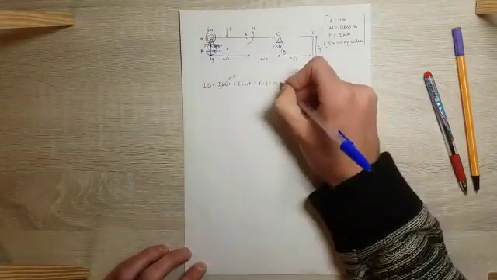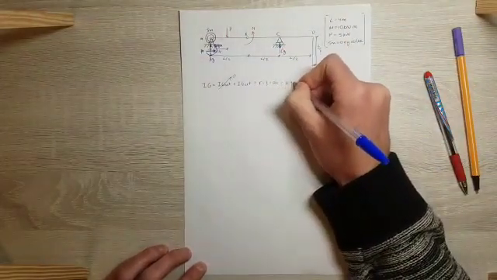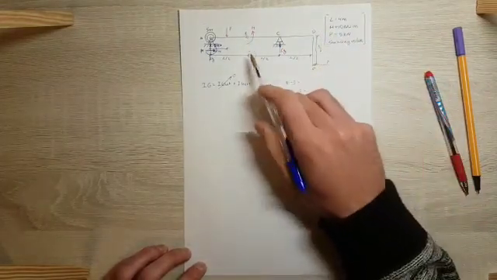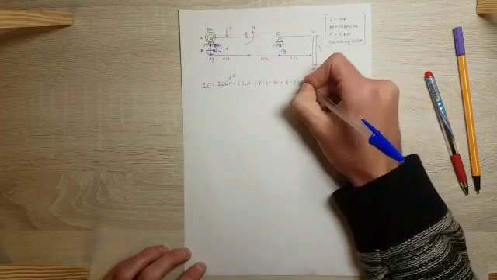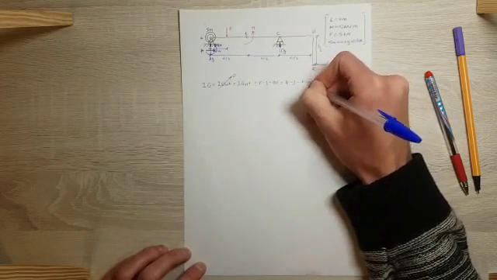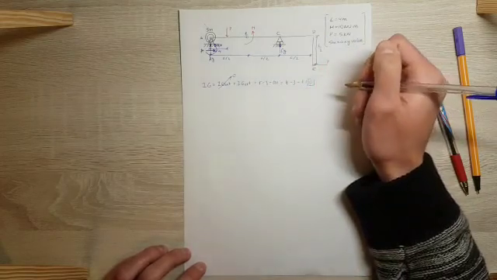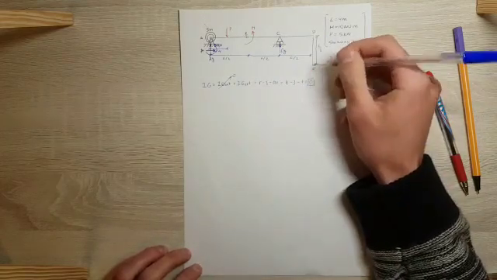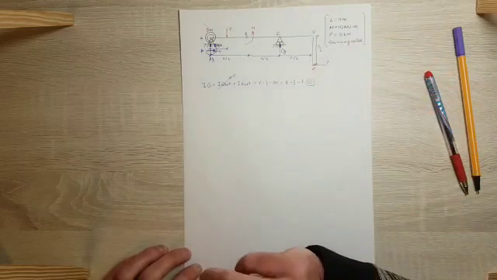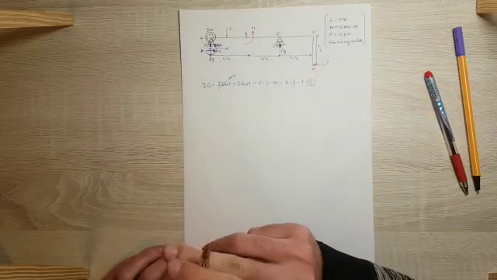So we have 4 reactions, minus 3, minus 1 for the hinge. So it gives 0. This is because it is a statically determinate rigid joint structure.